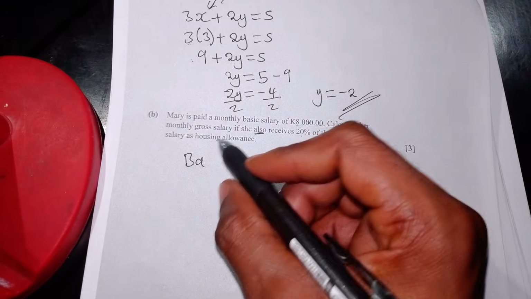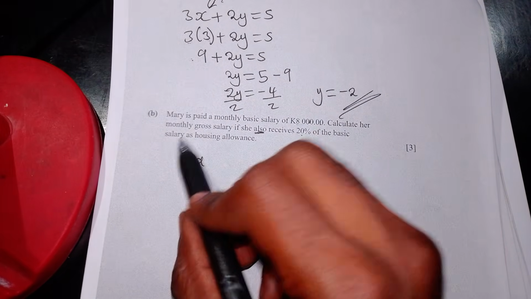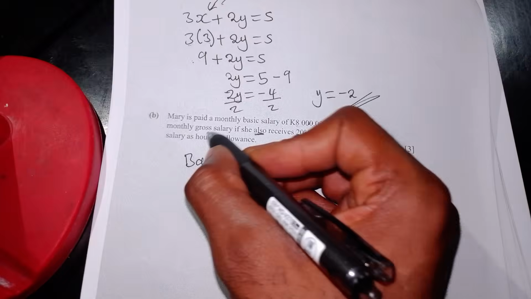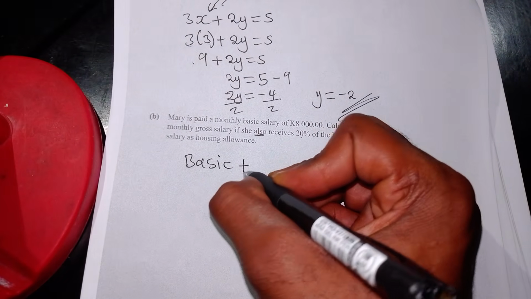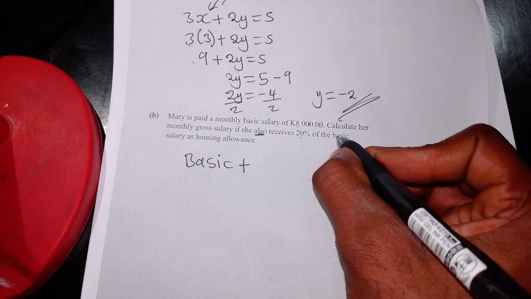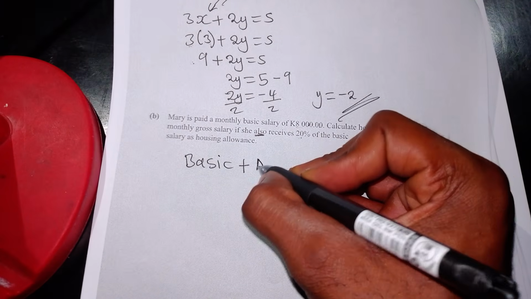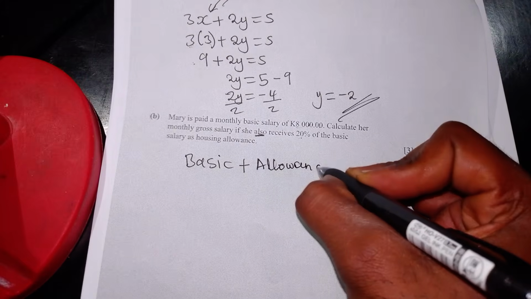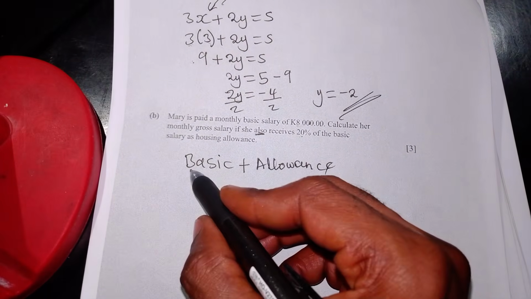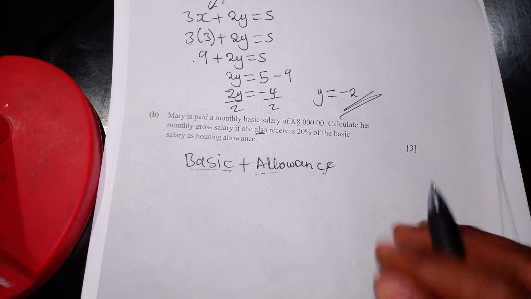You can just say her monthly gross salary is basic plus housing allowance, like this. So now, since we know this, we can just find this one.